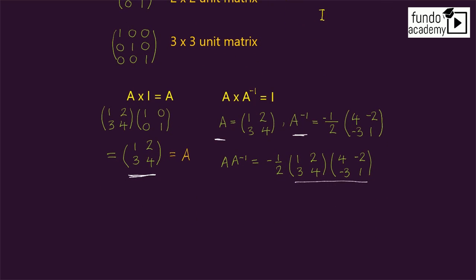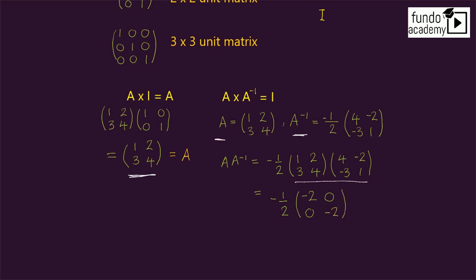Alright, I'm gonna get here -1/2 times the product of the two 2 by 2 matrices, which will be -2 0 0 and -2 again, right?